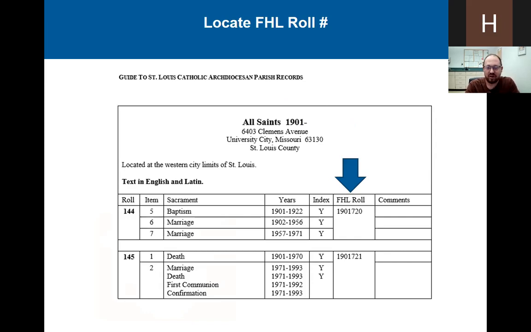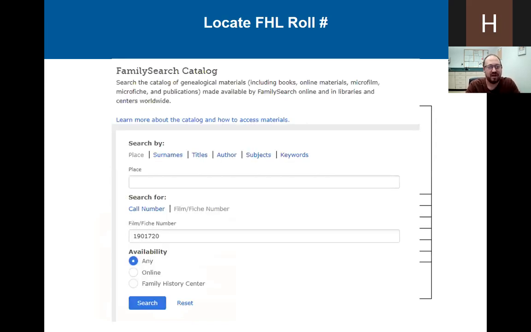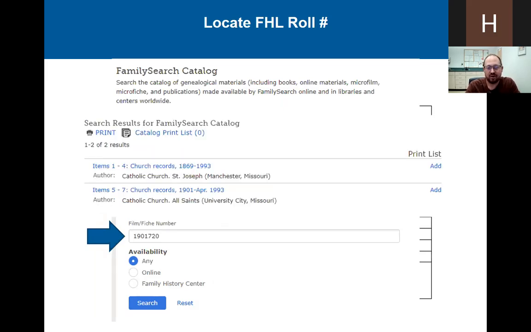You'll see in our guide, we do provide you with the FHL roll number. So you go in, you find the church you're looking for. We've given you the address, and you can put that film number into the FamilySearch catalog. That's why I use that film number search and why it's so useful. That would pull that up.